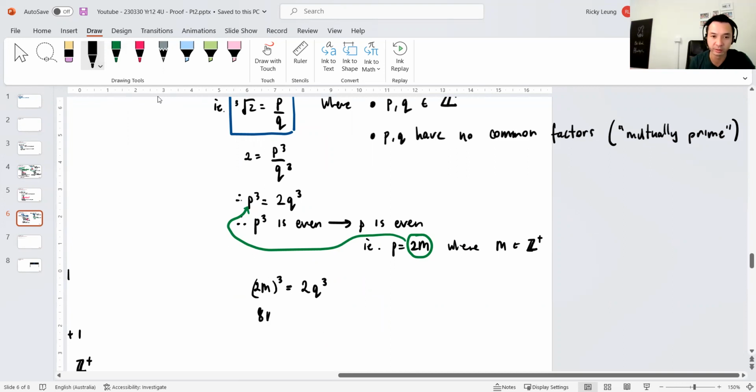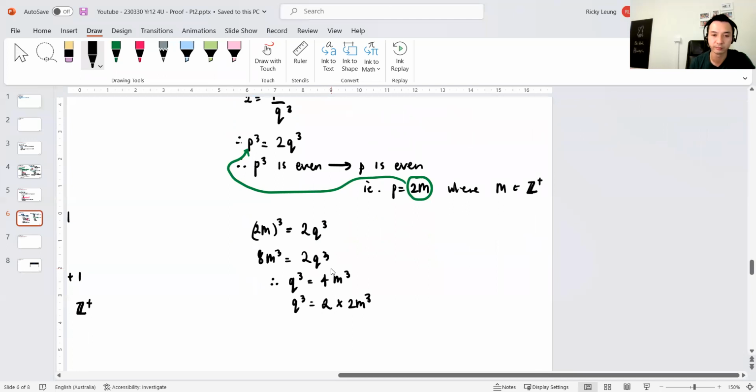Expand that, that's 8m cubed. So therefore q cubed equals 4m cubed. So q cubed equals 2 times 2m cubed, which is even. Therefore, q cubed is even. From part 1, q is also even.